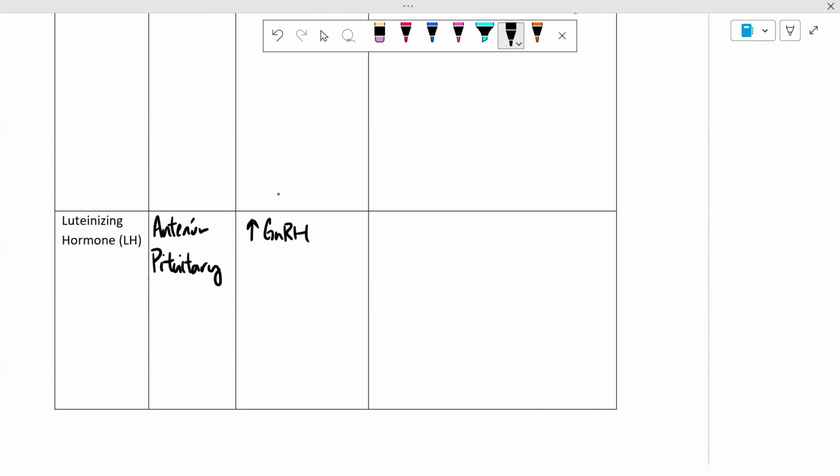Okay, let's see what else do we have here. What does it do? Well, the LH surge is going to trigger ovulation.